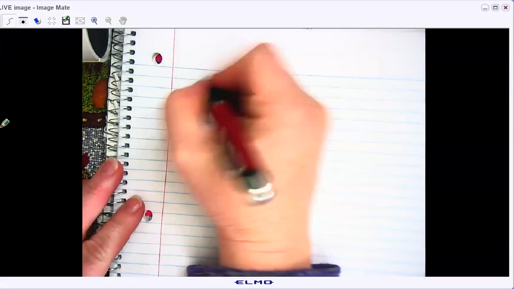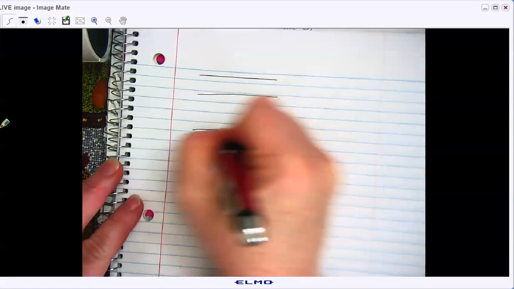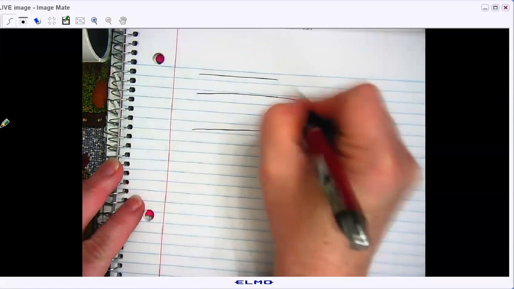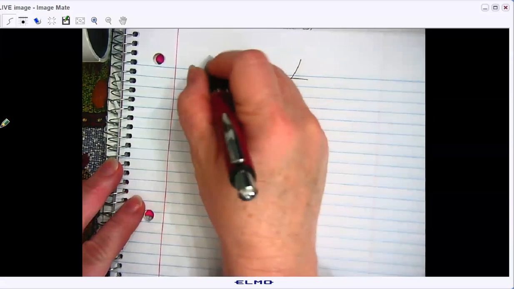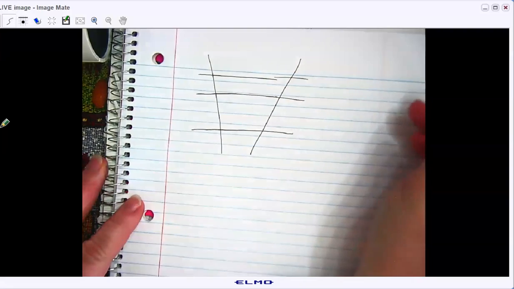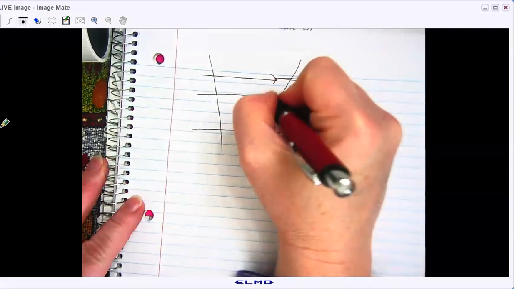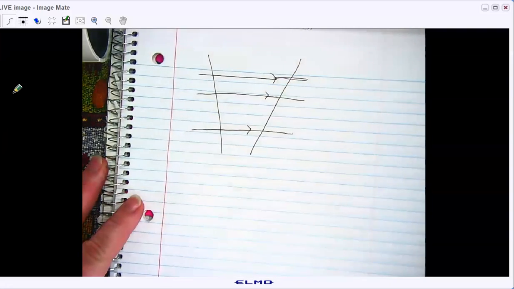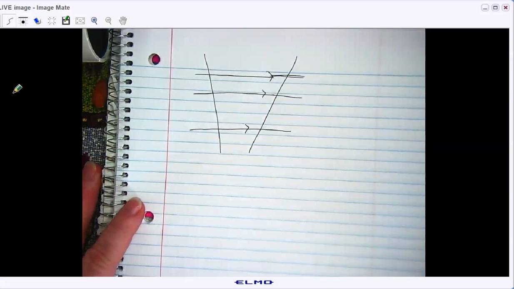This is really, really similar. I'm only going to do one example. So I'm going to give you 3 parallel lines and 2 transversals.